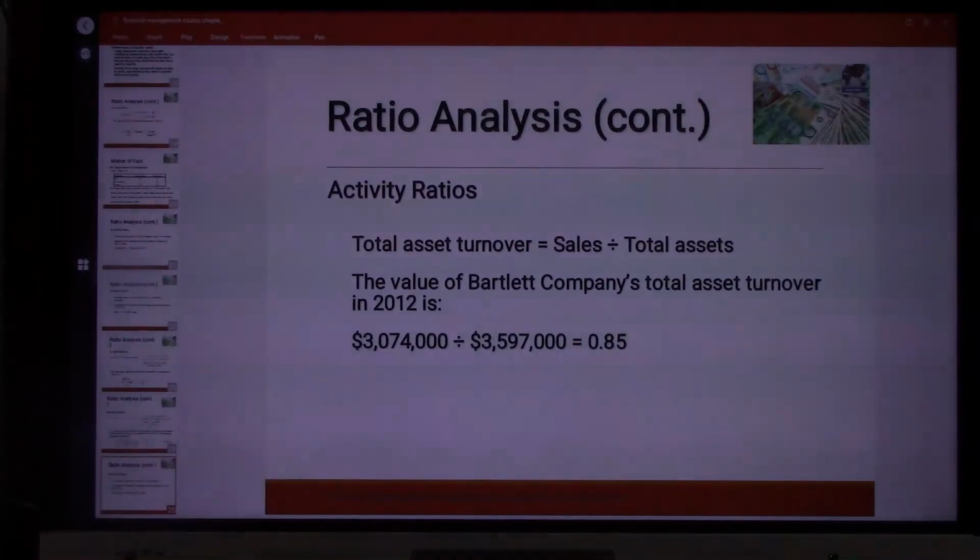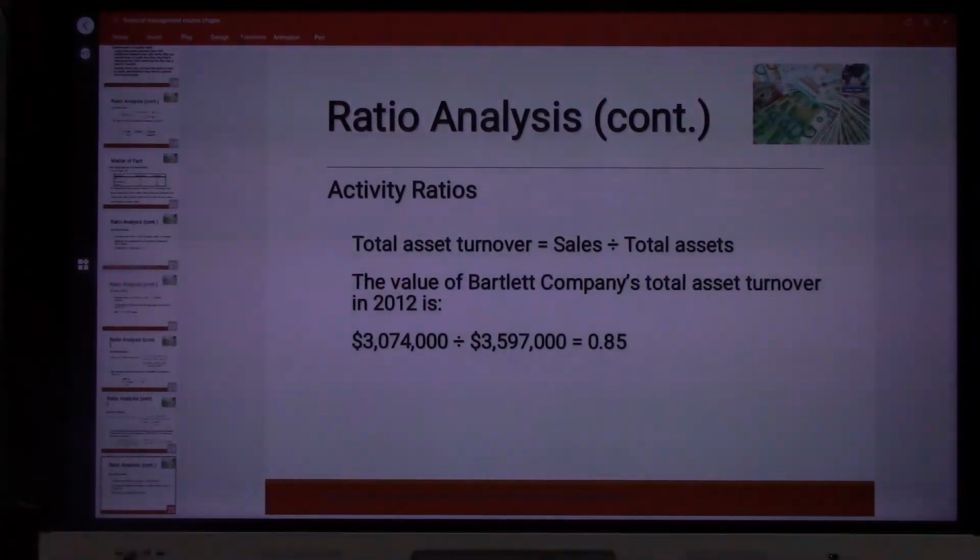Another sub-ratio that could be used for assessing the activity ratio is called total asset turnover. Total asset turnover is equal to sales divided by total assets.